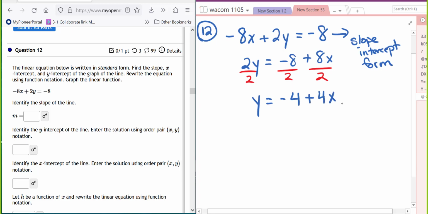Now we can read off the information. Our slope will be the coefficient of the x. It doesn't matter here about the order. So m is going to equal 4. And y-intercept is -4.